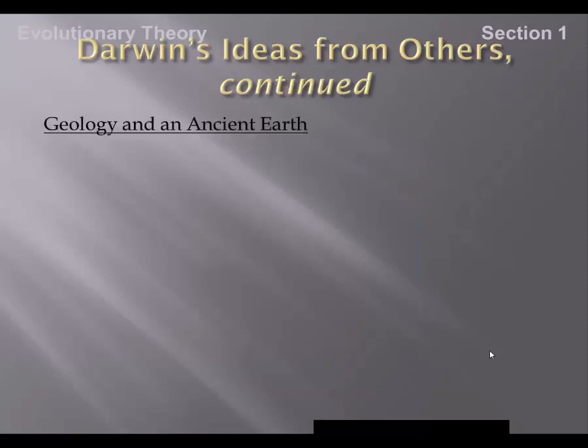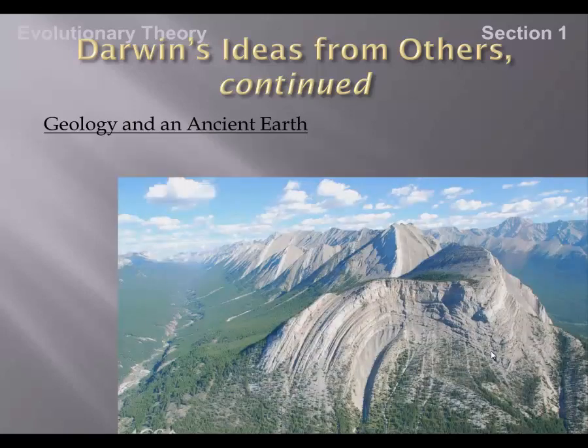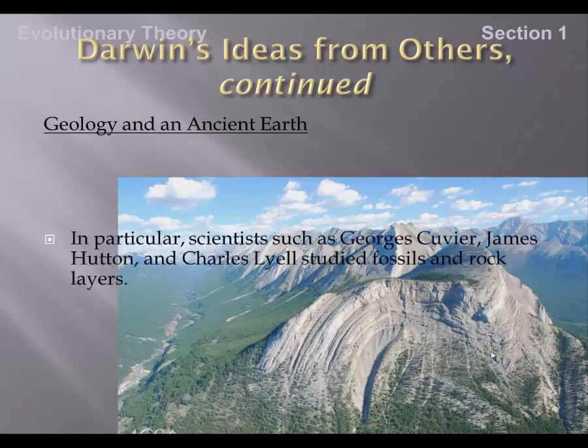Darwin also took geology and studied the ancient Earth in order to develop his hypothesis, which turned into his theory. In Darwin's time, scientists had become interested in the study of rocks and landforms, and so began the study of geology. Scientists such as George Cuvier and James Hutton, along with Charles Lyell, all studied fossils and rock layers.